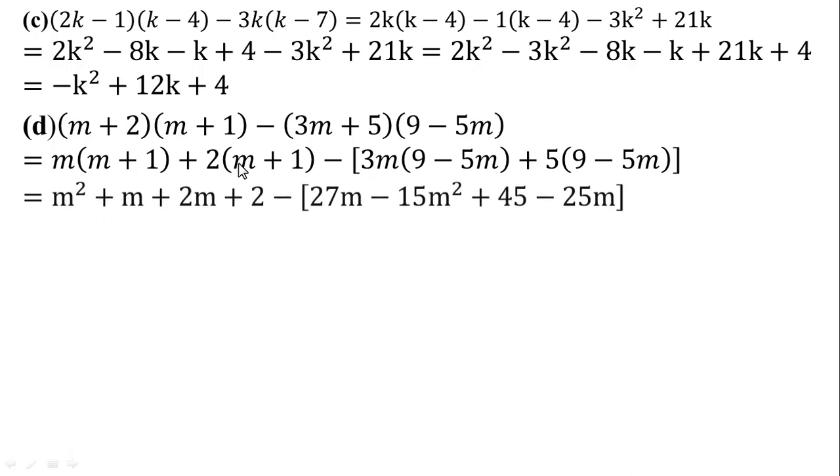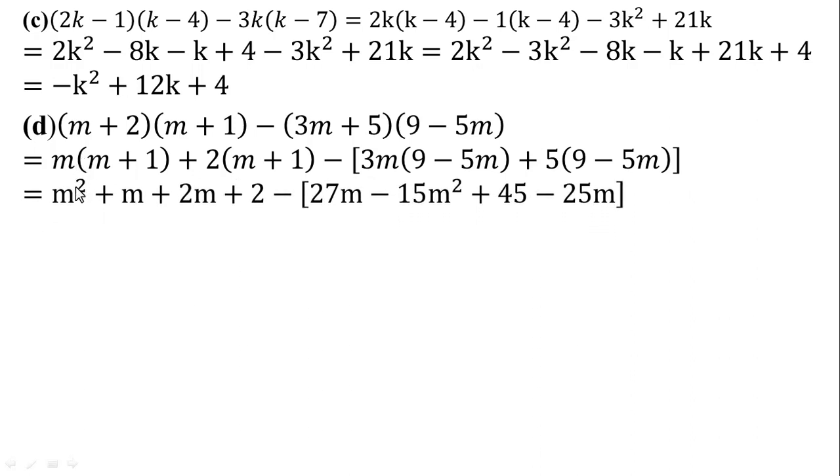Now multiplying the terms: m multiplied by m is m square plus 1m plus 2m plus 2 ones are 2, minus square bracket 9 threes are 27m minus 5 threes are 15m square plus 9 fives are 45 plus minus minus 5 fives are 25m.